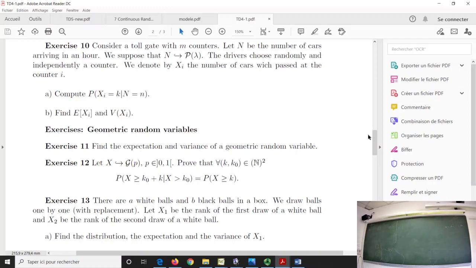So it means that I repeat things independently because the drivers choose randomly and independently a counter. And for each car, I choose or not. So it is a random experiment with two issues. The one that interests me is to choose counter I, because it's what I want to count here.